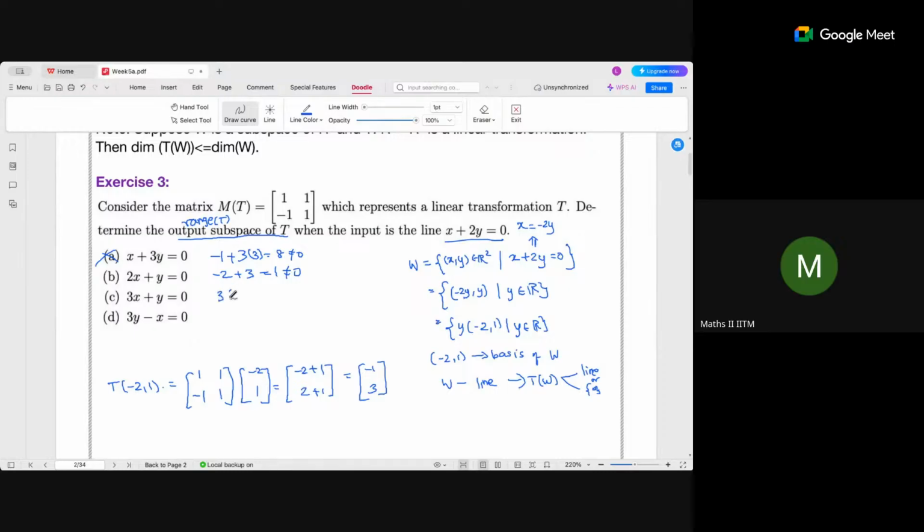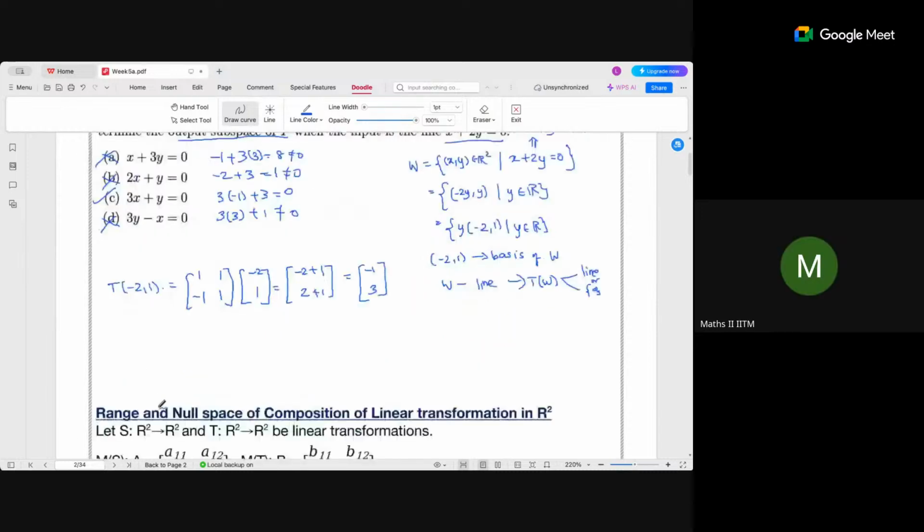And here 3 into minus 1 plus 3 is 0. And for the last one, 3 into 3 plus 1 is again not 0. Alright, so option C is correct. Is this clear for everyone? Yes, ma'am.